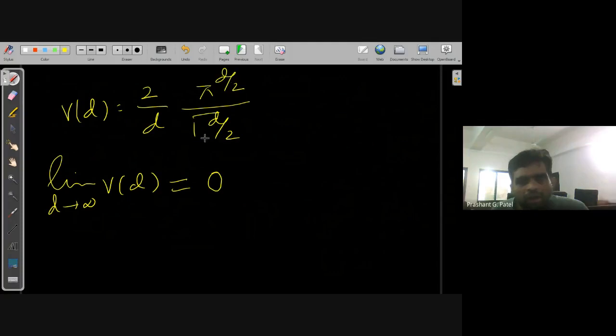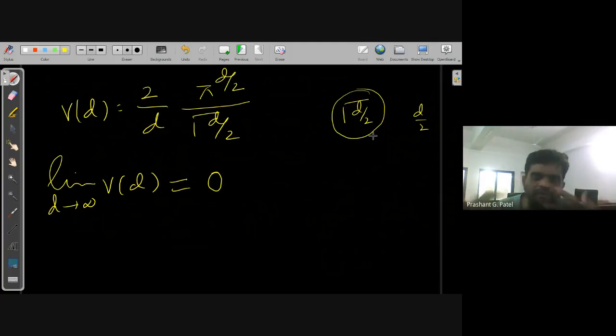And in the denominator you have gamma D by 2, and gamma is a generalization of a factorial. So it is kind of factorial D by 2. Which one is going faster? Is factorial increasing fast or exponential? Definitely the factorial will increase faster. So if the value of D is higher, the denominator goes to infinity more quickly than the numerator. That's why this will tend to 0.